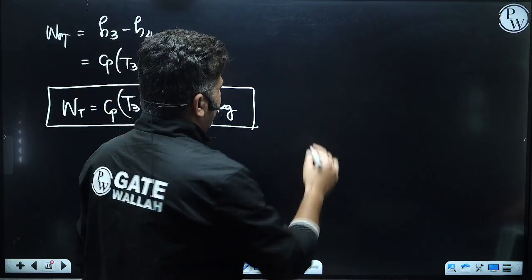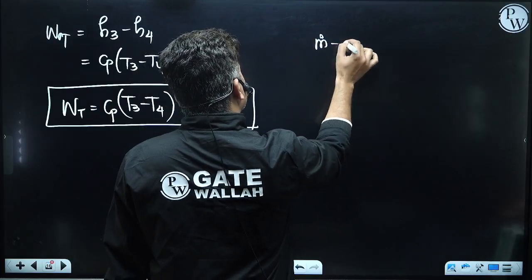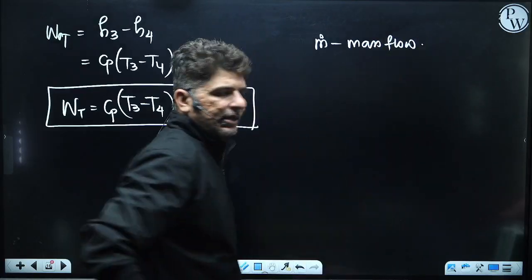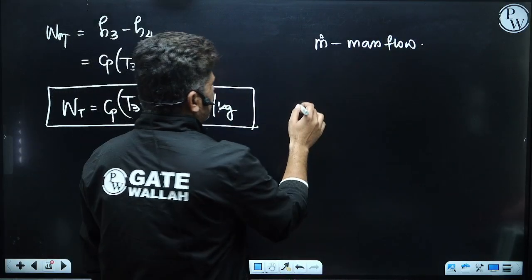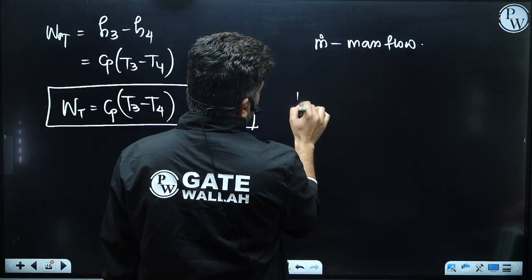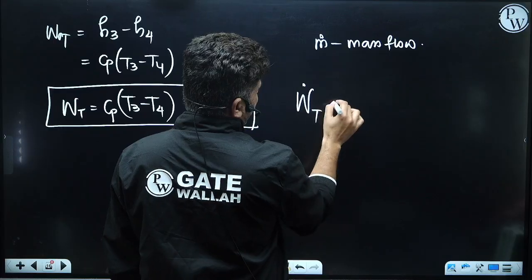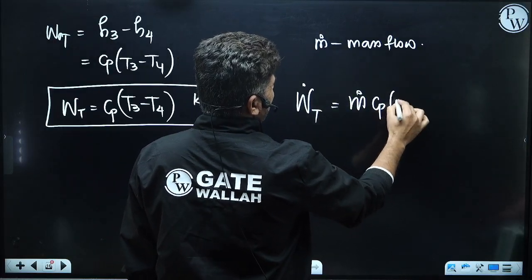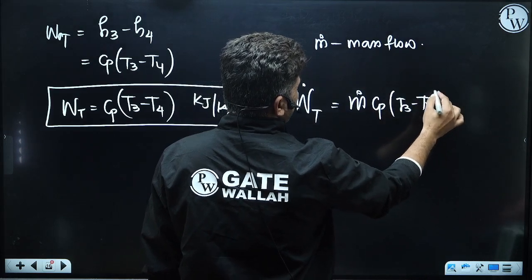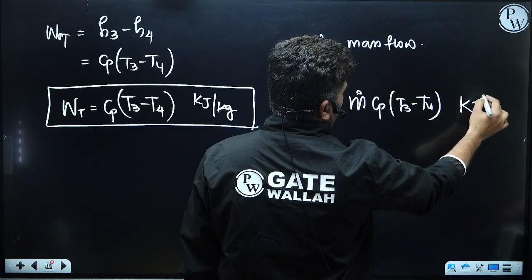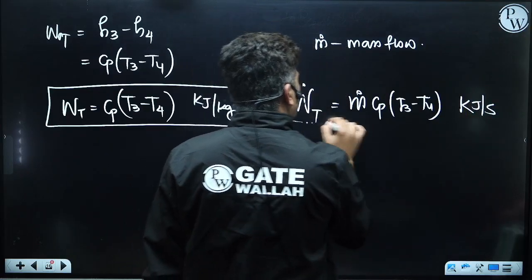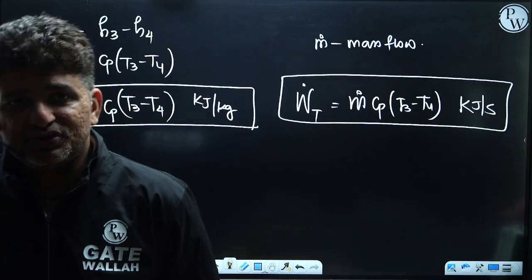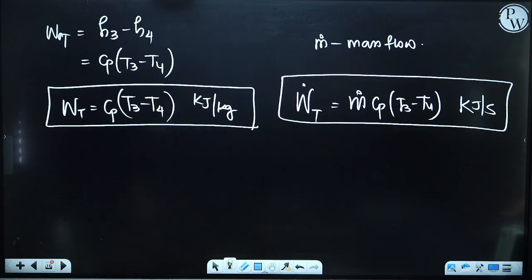And if m dot is the mass flow of gas or air, then the net power developed by turbine will be equal to m dot into Cp into T3 minus T4, and this will be kilojoule per second or kilowatt. So this is very simple as that.